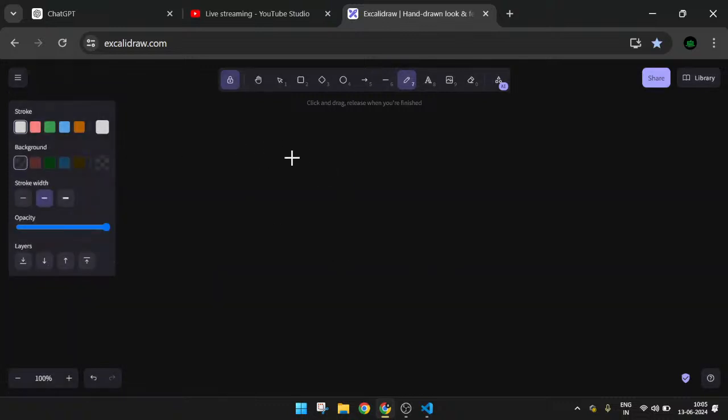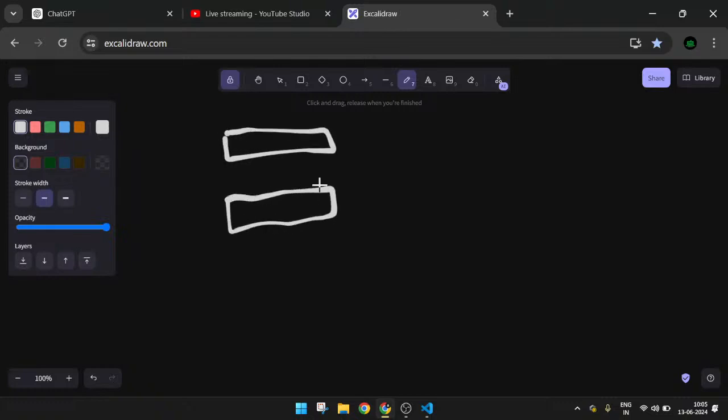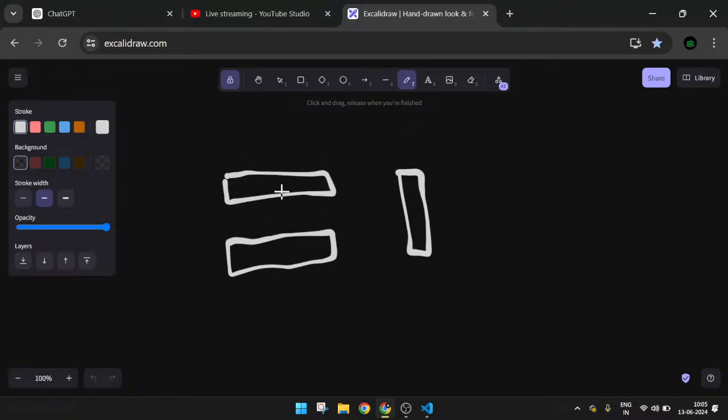Okay. So imagine there is a seat here, in a train, and there are seats here. What this algorithm does is it assigns the seats for males and females in such a way that no male and female are facing each other.